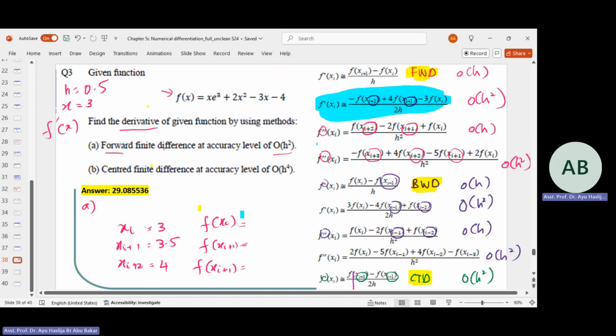Now find f(x), set the equation, so straight away you can get the value. Try to proceed. Do you get the same answer as your true value? Try to find your true value.